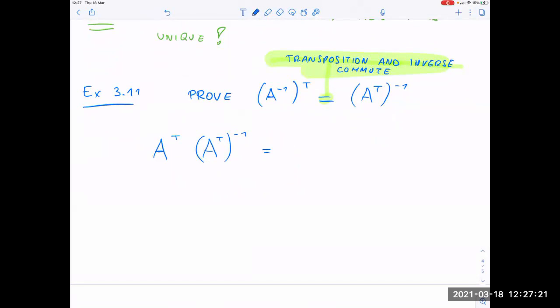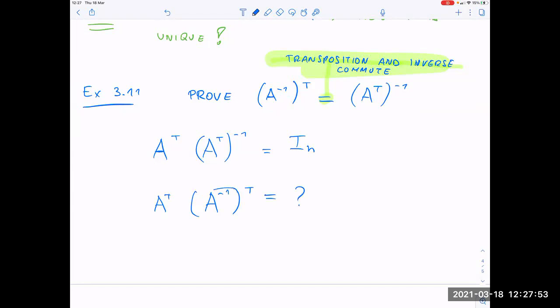Well, as many of you said, this is equal to I_N by definition. Alberto Eusebio said that. Then I use what I have written here. I want to see what A^-1 times A^T is.